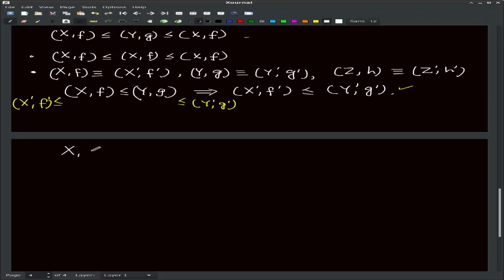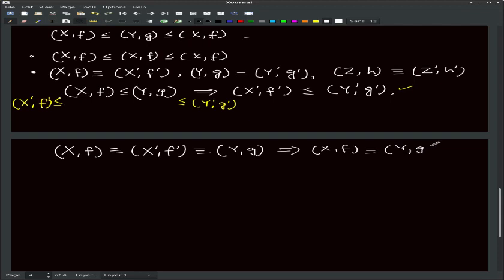Because suppose xf is this, and this is also equivalent to say yg, then automatically you have told me therefore xf is this, because you will just put in this means this as well as this means this as well as this. So transitivity will tell me this.